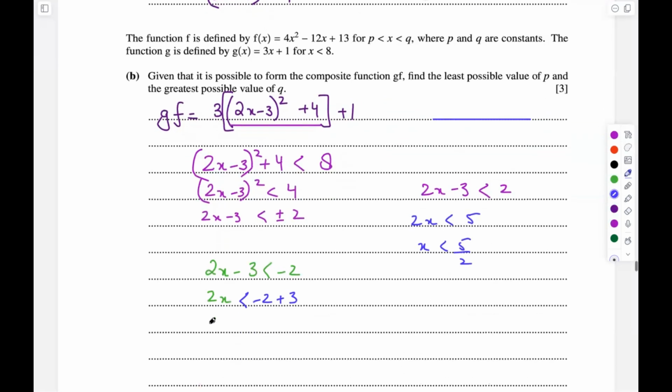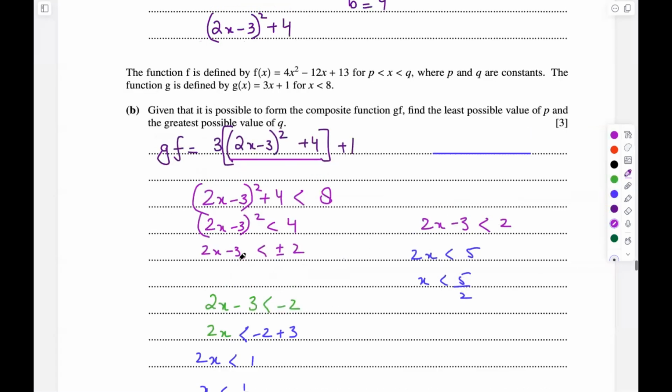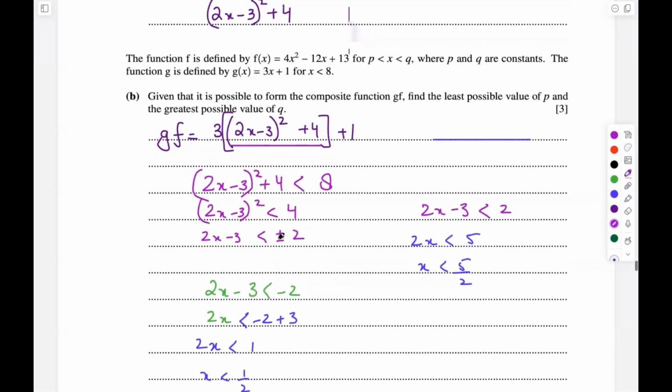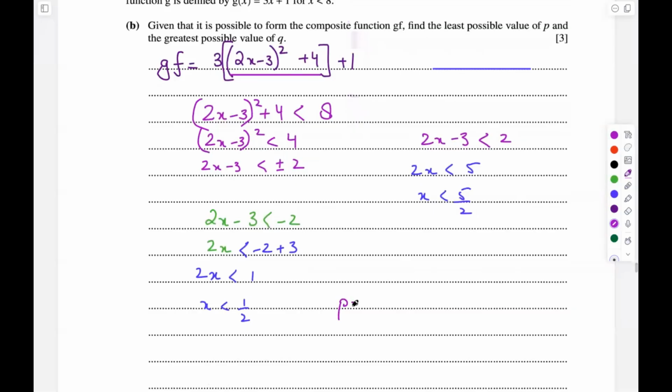So this will be 2x equals 1 and x equals 1 upon 2. As this is the lower value, this will be the value of p. These are the two values of x that we have, and the lower value is p. So in this case, p equals 1 upon 2 and q equals positive 5 upon 2.